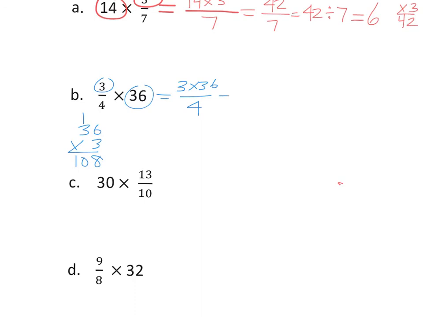And so now I have 108 over 4, which also means 108 divided by 4, which now we're going to have to do some little long division down below. Try to keep your work nice and neat so we don't run into the next problem. So I'm going to go ahead and do a little long division.